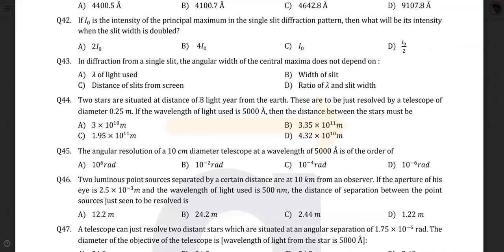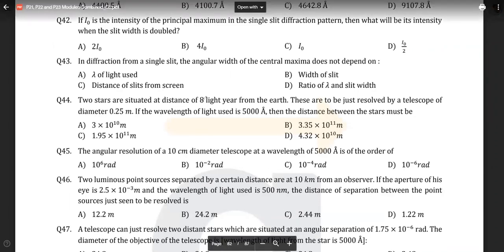Diffraction के लिए d sin theta is equal to lambda, again 43 भी हो जाएगा.